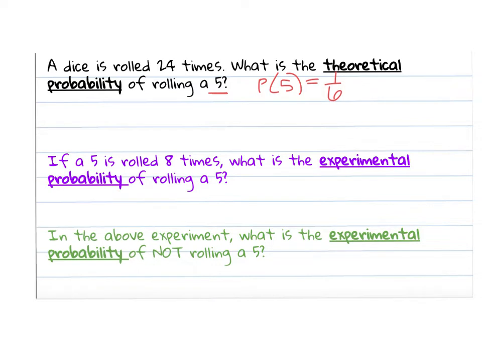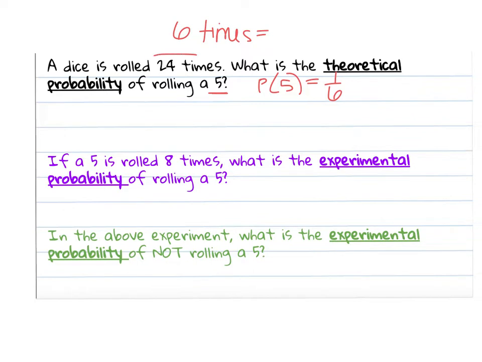Remember, theoretical is what we should get. So if I roll the dice 6 times, theoretically, I should get 1 one time, 2 one time, 3 one time, 4 one time, 5 one time, and 6 one time.